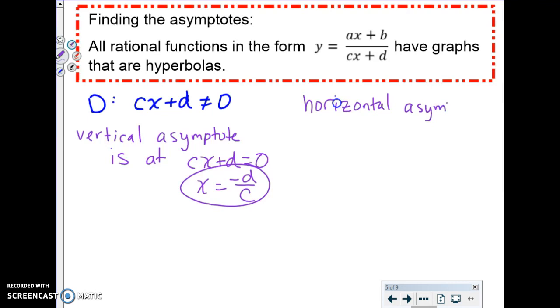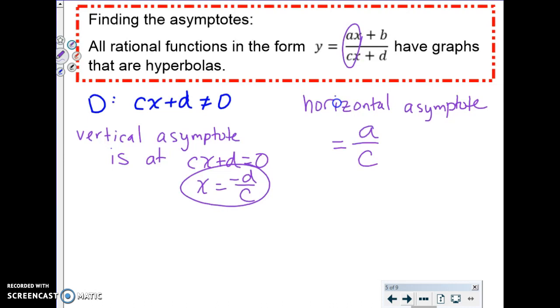To find this one, we think about the numbers that we can't put in for x, and we're going to be left with a over c. So my b, we don't even care about b. My horizontal asymptote is going to be a divided by c, and my vertical asymptote is going to be solving for that domain restriction in the denominator. So I hope that makes sense.